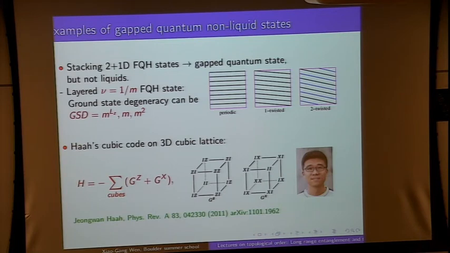This stacked product state fails this test, because for a system with a bigger size and more layers, you cannot reduce the system size by squeezing out some product state, because no matter how many products you squeeze out, you cannot change the number of layers.